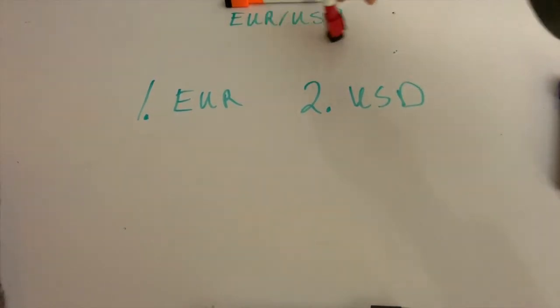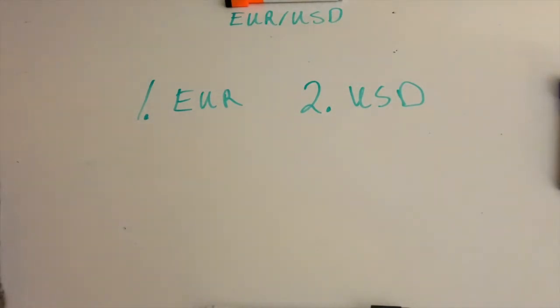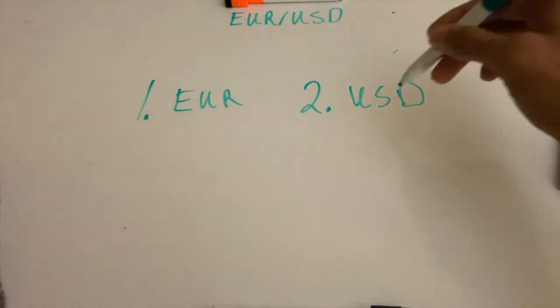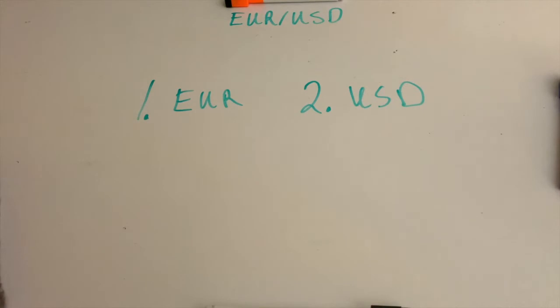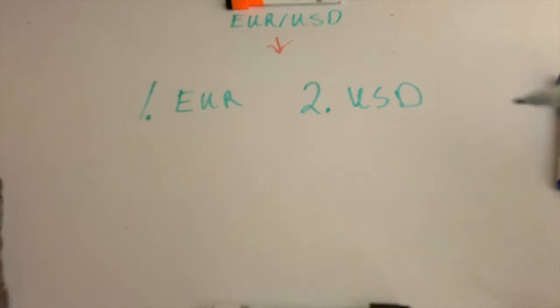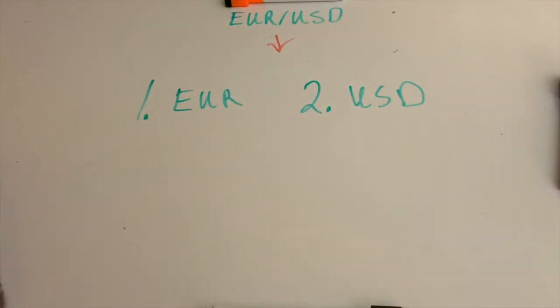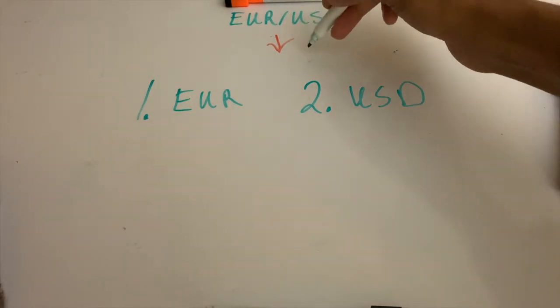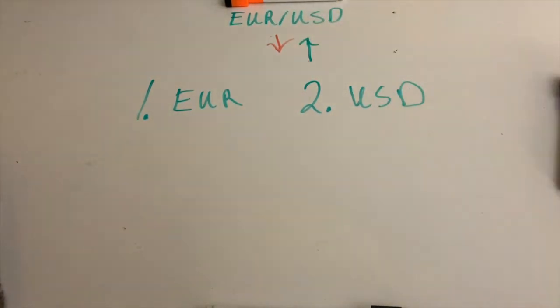Now completely vice versa, or counterclockwise, USD being the secondary currency, if USD is doing well, it's going to push the price of the exchange rate down. Complete opposite. If USD is doing bad, it's actually going to push the exchange price upward.